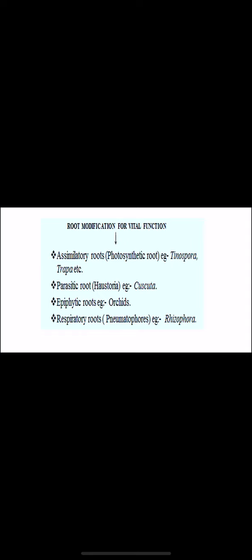Epiphytic root, orchids. Both parasitic and epiphytic roots depend on other plants. Respiratory roots, example Rhizophora: here the roots develop vertically upward and help in respiration. This is about the root.